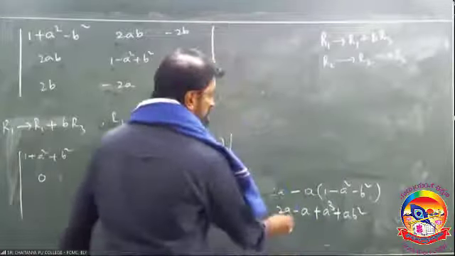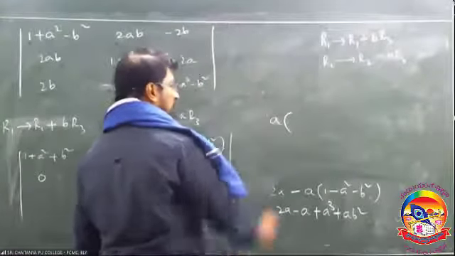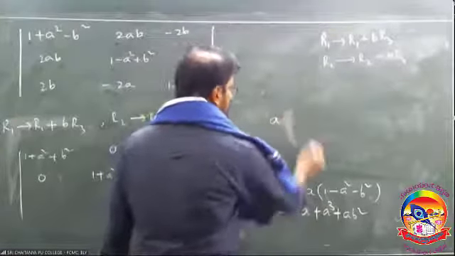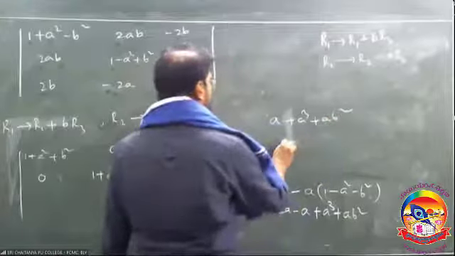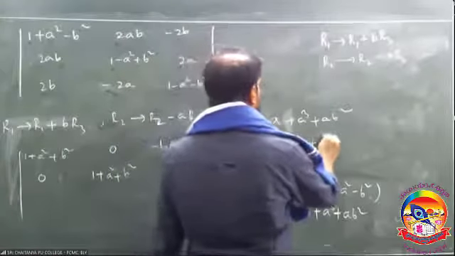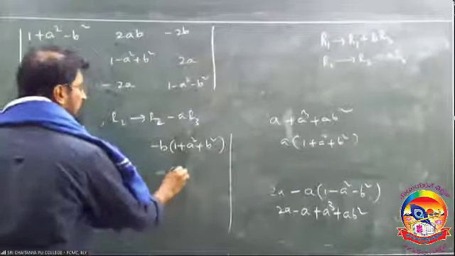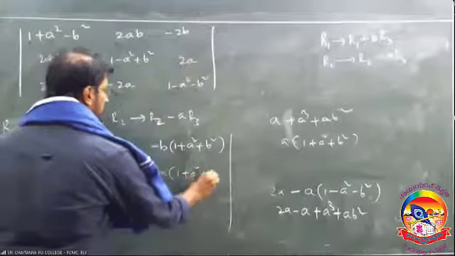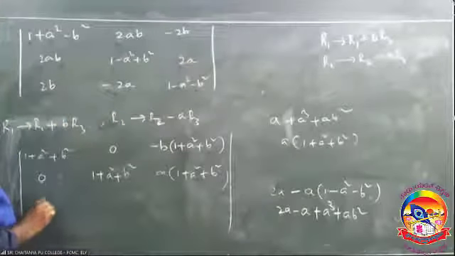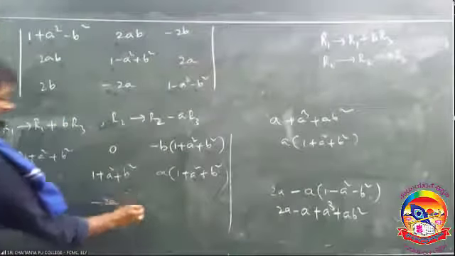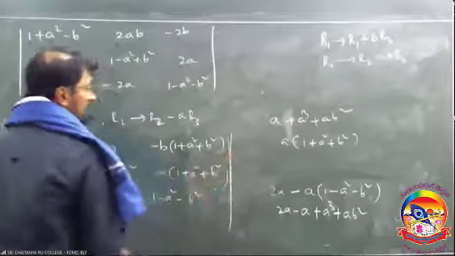Now 2a minus a, take a common, that means a plus a cube plus ab square. Now take a common, 1 plus a square plus b square you will get. So similarly, I took a outside, 1 plus a square plus b square. Now the third row as it is, 2b, minus 2a, 1 minus a square minus b square. Okay, this is the determinant.